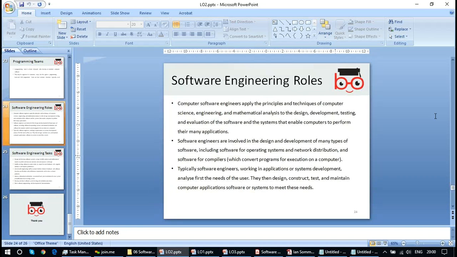So, what are their roles? Their roles are to incorporate the principles and techniques of software development. If they are following the principles, then they are doing their role.